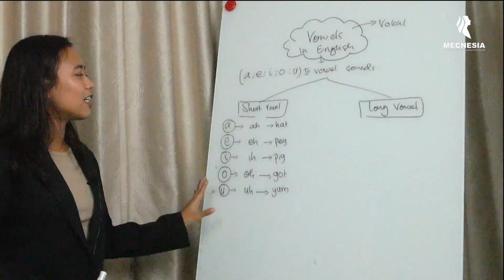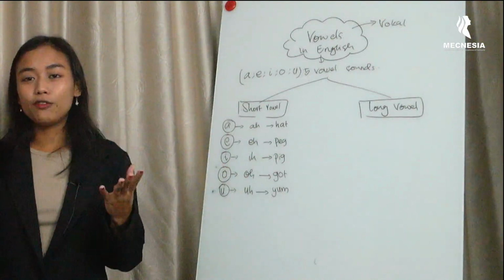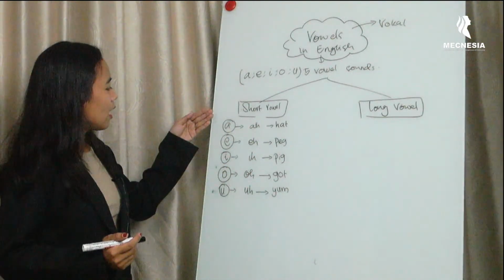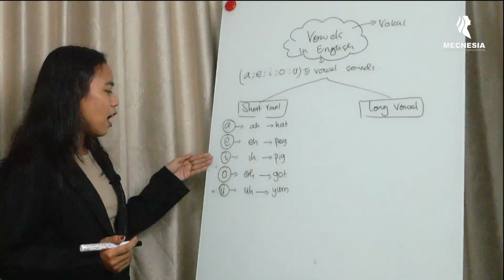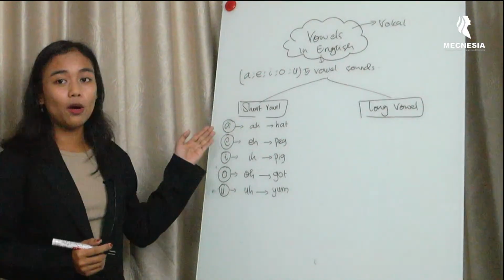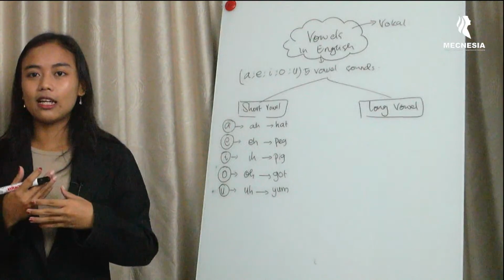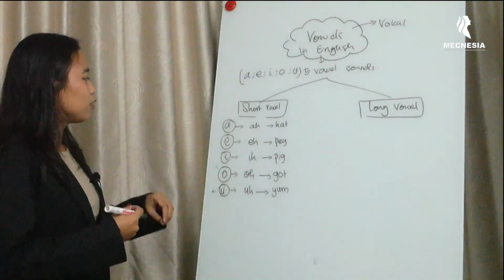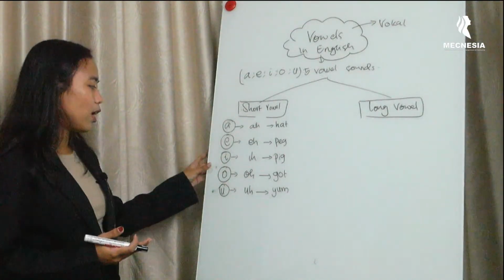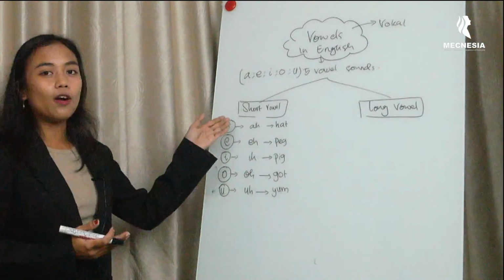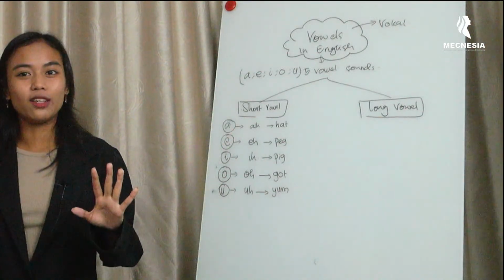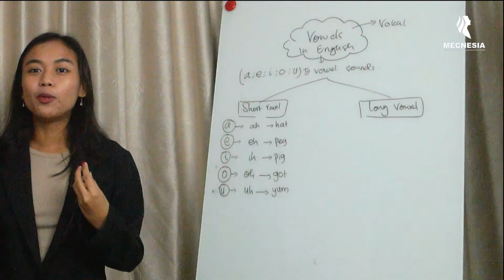Ini secara ringkas mengenai short vowelnya. If you forget how to pronounce the A, E, I, O, U in the short vowel, kalau kalian lupa gimana cara nge-pronounce, mengucapkan A, I, U, E, O di short vowelnya, just remember this word. Ingat aja cara pengucapan beberapa kata ini.